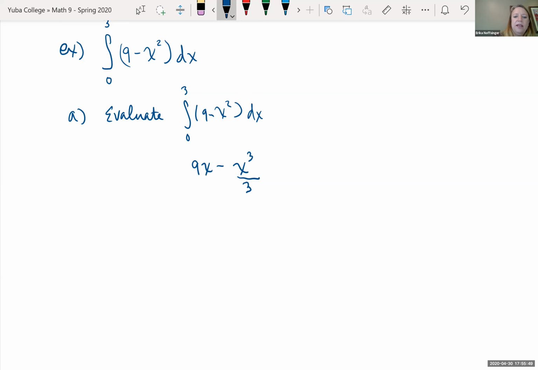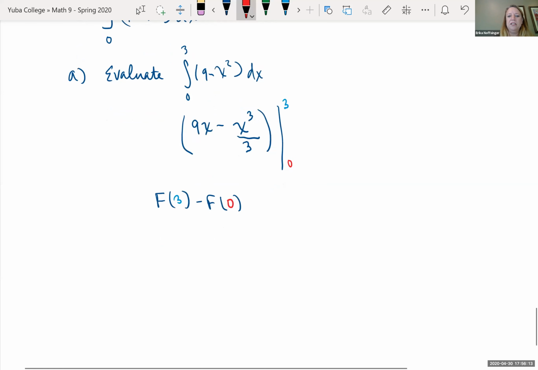And we're evaluating this whole thing from x equals 0 to x equals 3. So we're technically looking at f of 3 minus f of 0.